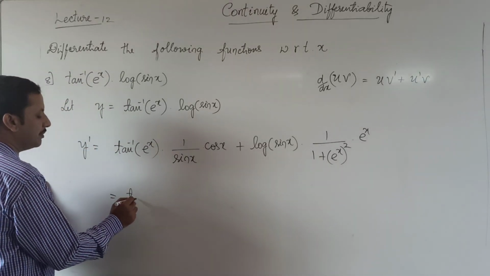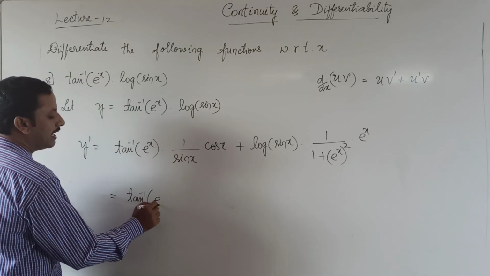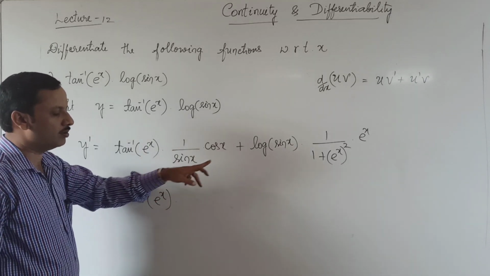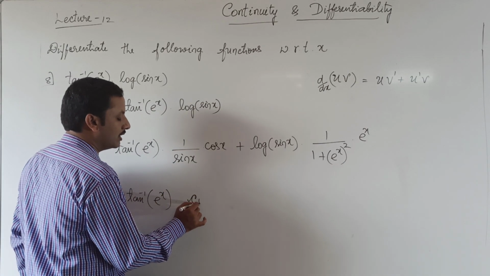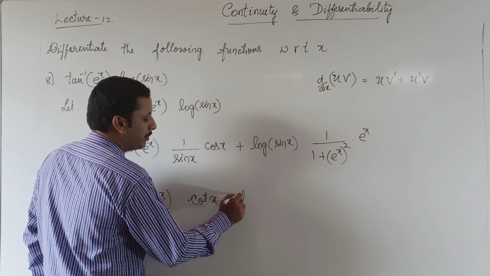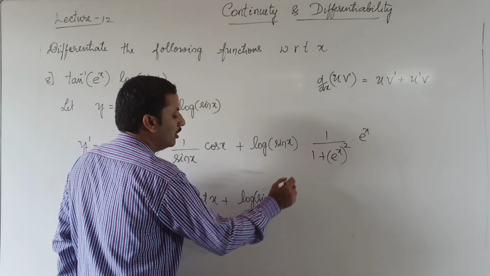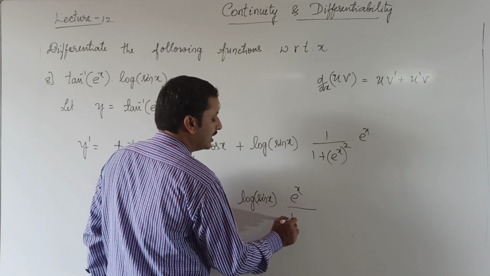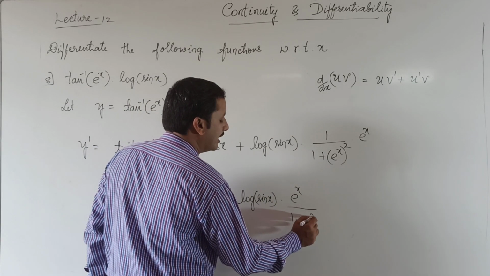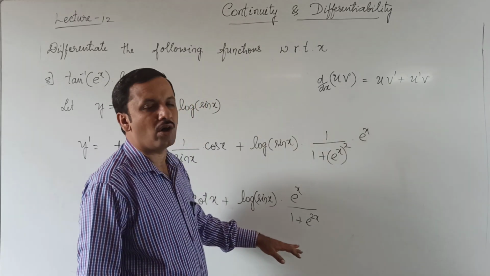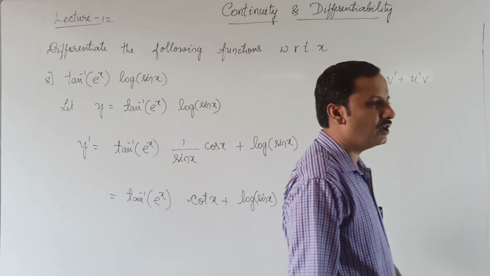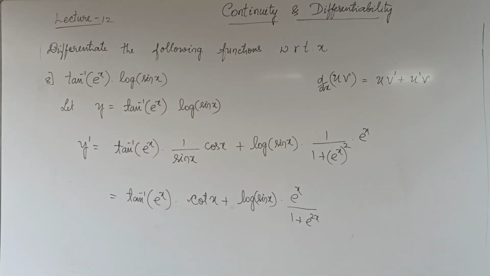So on simplification this gives us tan inverse of e power x into cos x by sin x, together I can write it as cot x, plus log sin x into e power x divided by 1 plus (e power x) whole square. You can write it as (e power x) whole square or you can also write it as e power 2x. Okay. Next.